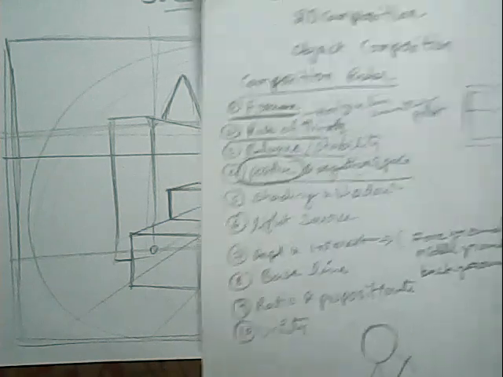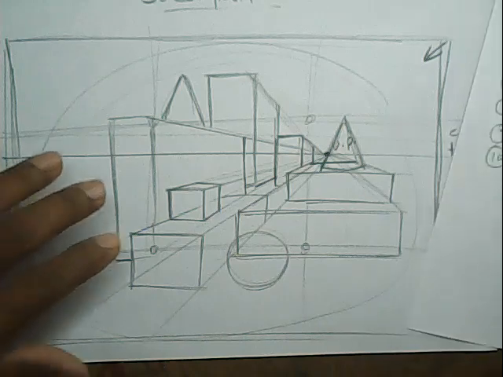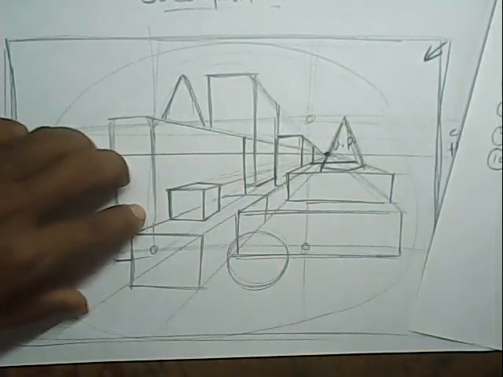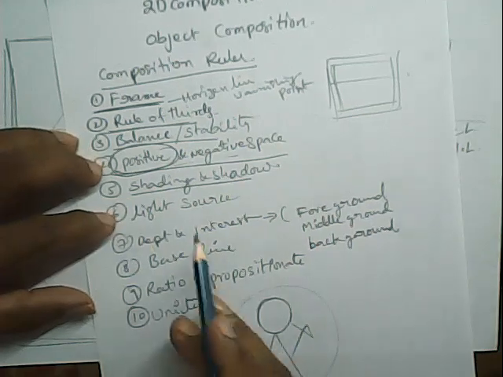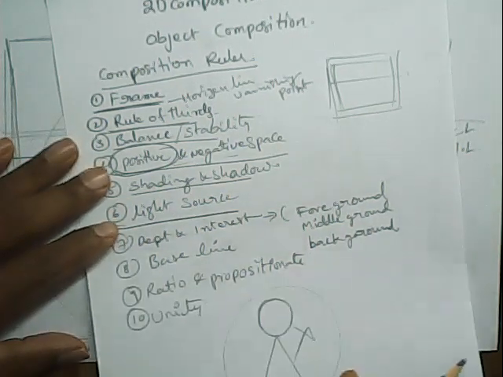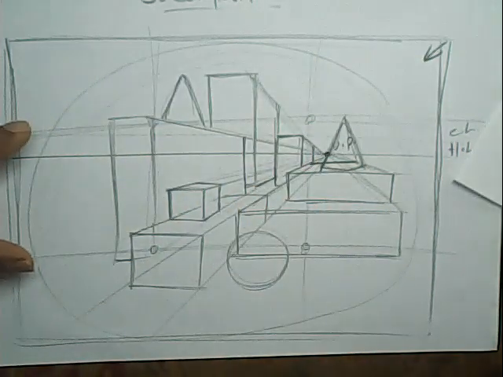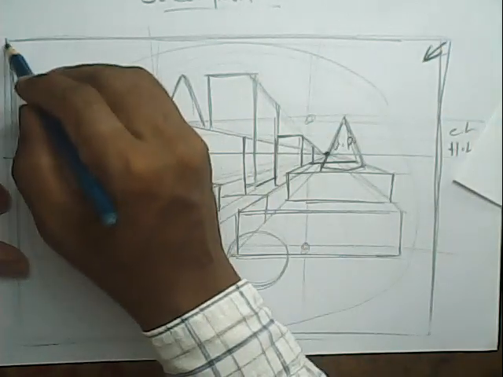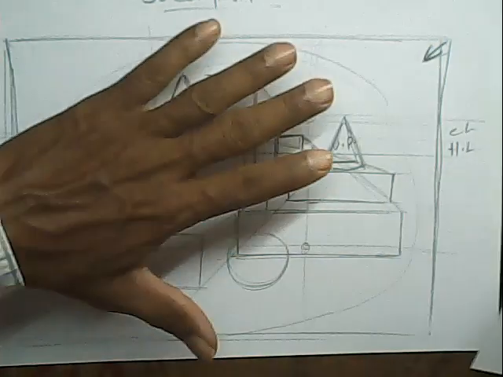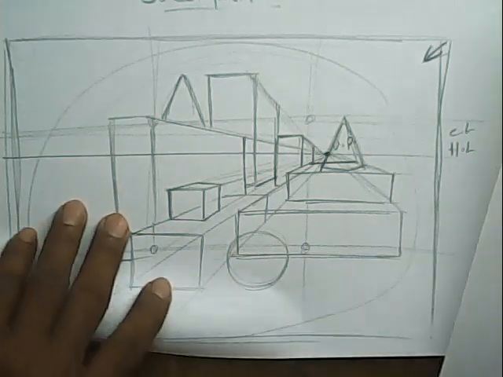Next is shading and shadow. You give these according to the light source. Then the next point is the light source: which direction you are taking it from, whether right or left, and you need to work according to that. The light source is important in 3D composition.